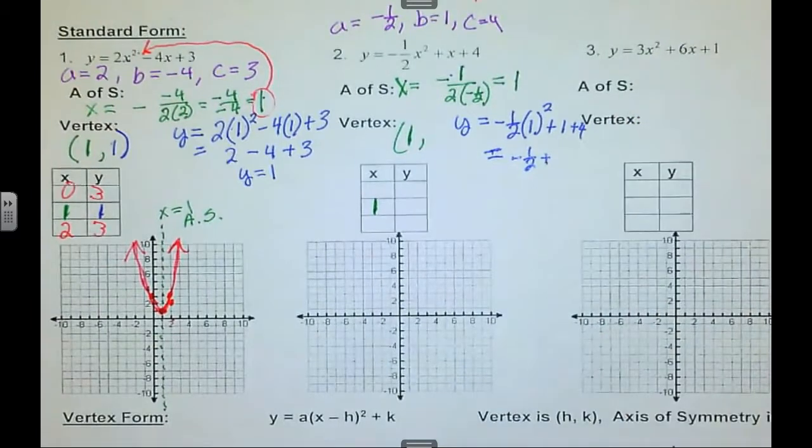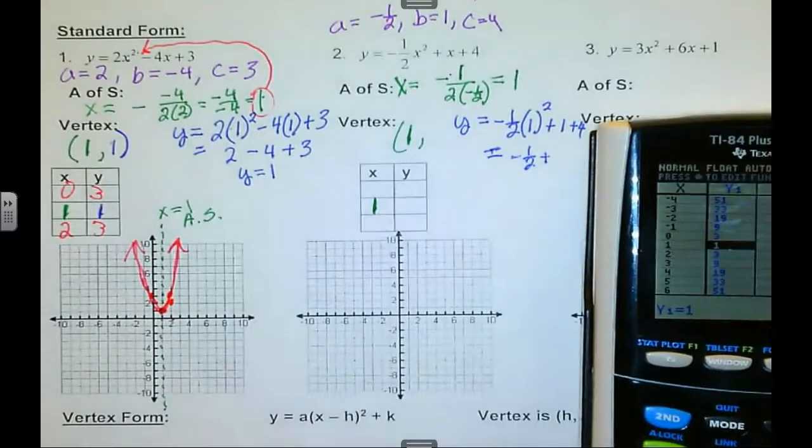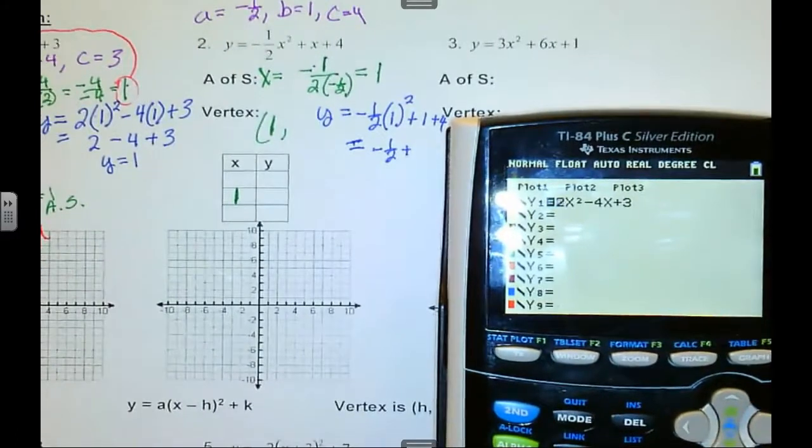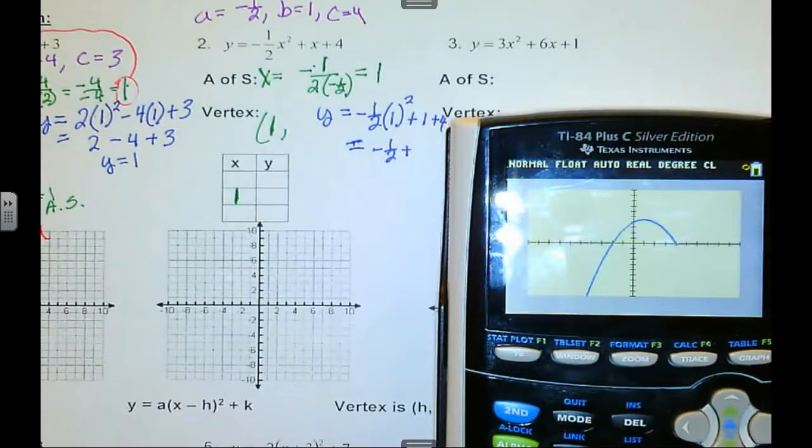You know, again, you could just plug this in your calculators. Okay? Negative 1/2 x squared, I always put fractions in parentheses. Plus x, it doesn't matter. Really doesn't matter. Plus 4. If I graph it, it should go upside down.